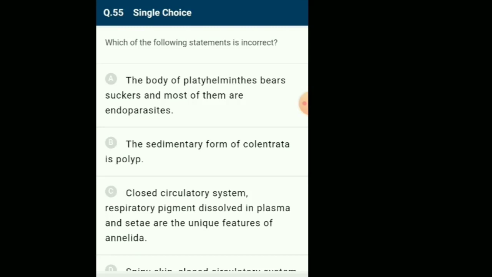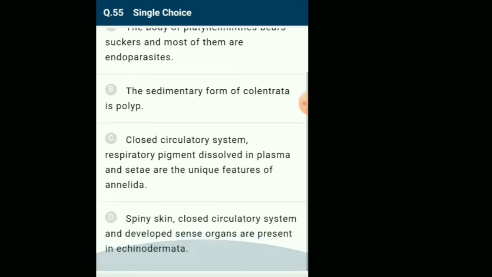Coelenterata exhibit 2 forms, sessile polyps and swimming medusa forms. They have a well-developed circulatory and digestive system. Body contains hemoglobin, which gives them a red color. So the answer for this question is option D. Spiny skin, closed circulatory system and developed sense organs are present in echinodermata. The statement is incorrectly given.